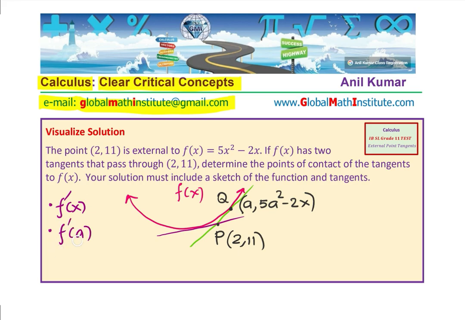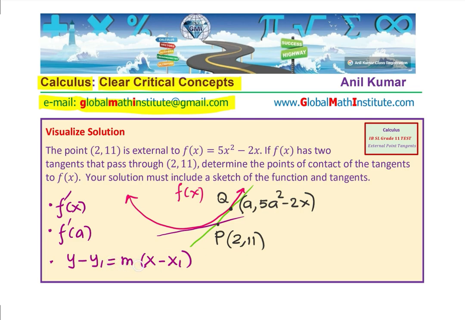Once you know the derivative, you can find the equation of tangent at that point, right? So the tangent will be what? Equation of tangent you can find by point-slope form, y minus y1 equals m times x minus x1, correct?